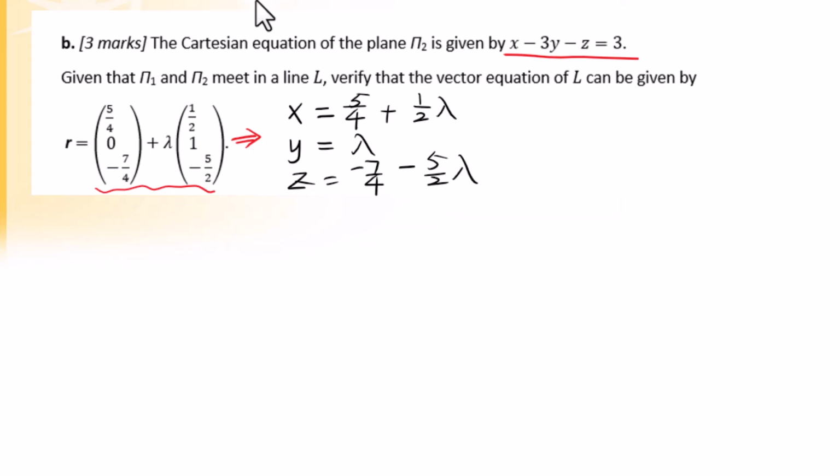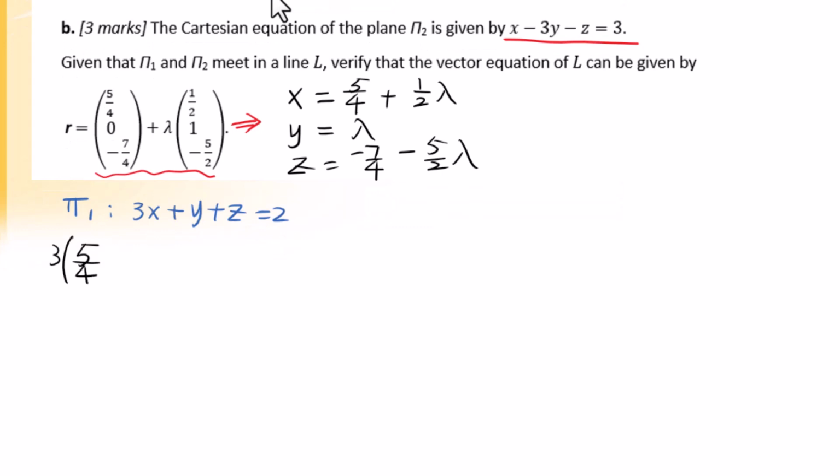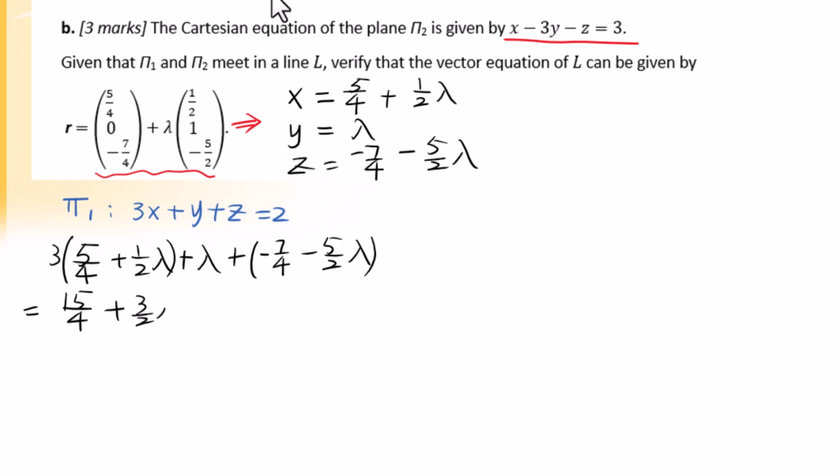Then I need to substitute into the equations of π1 and π2. 3 times (5 over 4 plus 1/2 lambda) plus lambda plus (-7 over 4 minus 5 over 2 lambda) equals, distributive property, 15 over 4 plus 3 over 2 lambda plus lambda minus 7 over 4 minus 5 over 2 lambda.